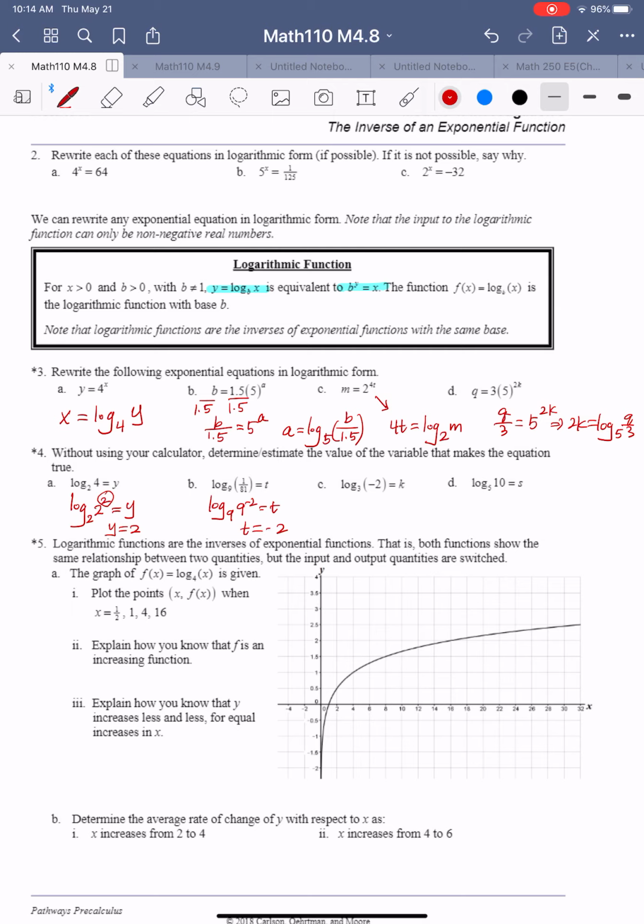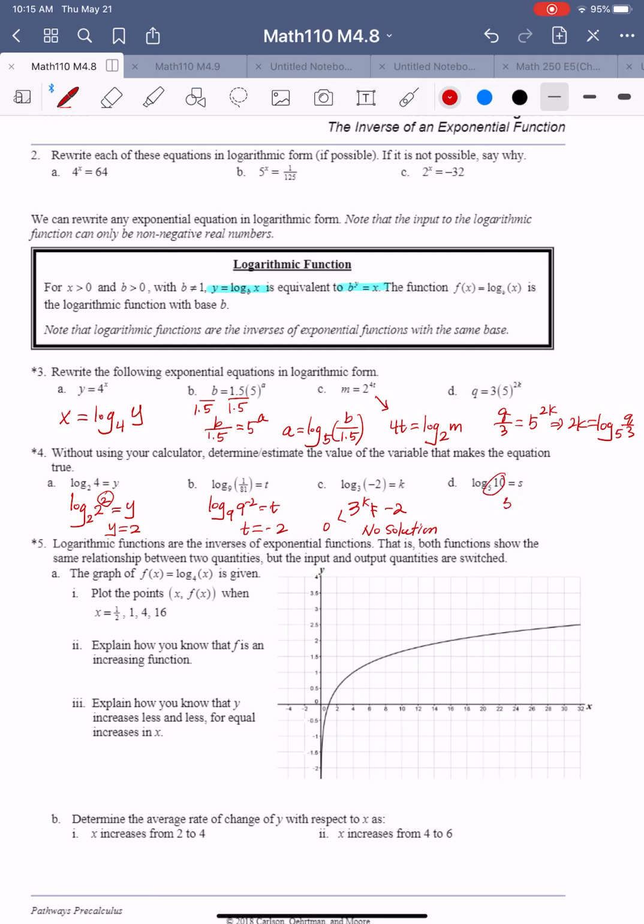But in c, the bases cannot be matched to each other, so you have to say 3 to the k equals negative 2, but that's not possible because 3 to the k is always a positive number. So it's no solution. And then d, there's no way we can match the 5 and 10.